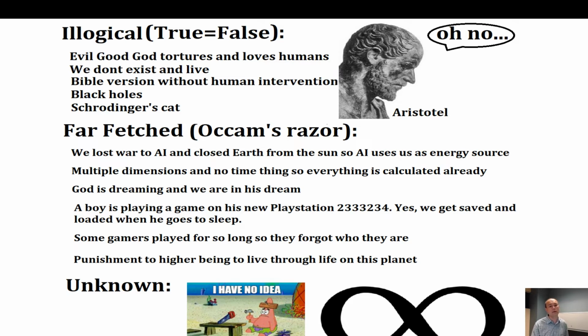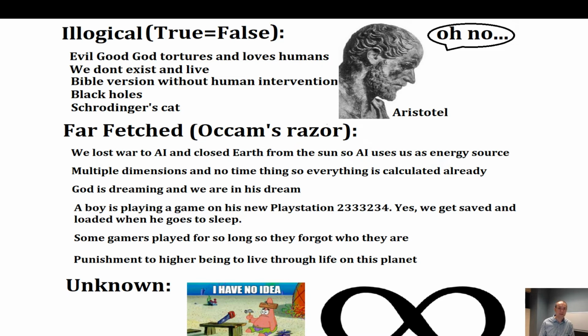Then a whole list of other versions. Humans, again, are very imaginative. We imagined a lot of reasons for simulation to exist. And I call this category far-fetched. They're all very unlikely if we use a tool from philosophy called Occam's razor, which is essentially a rule in philosophy that the most likely explanation for something is the simplest one.